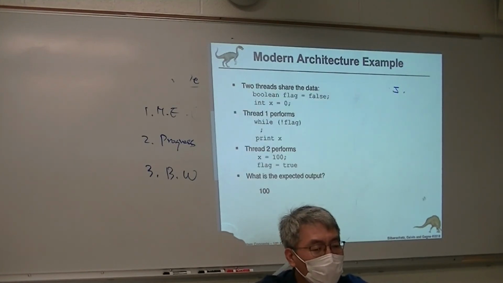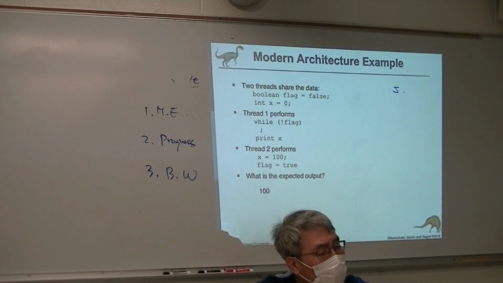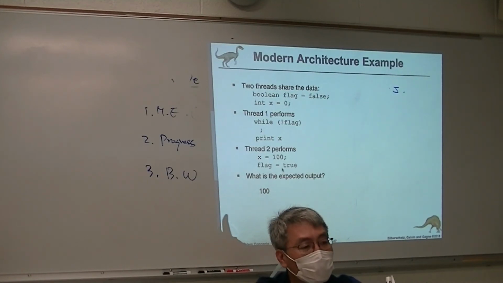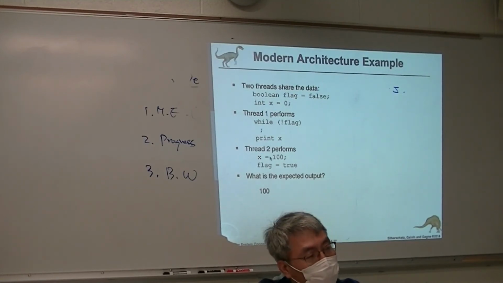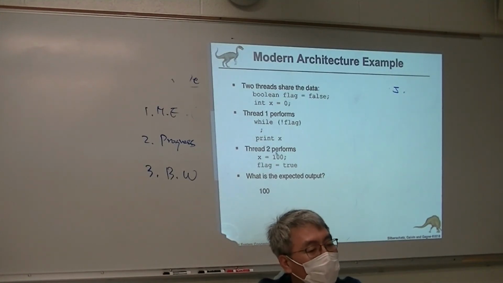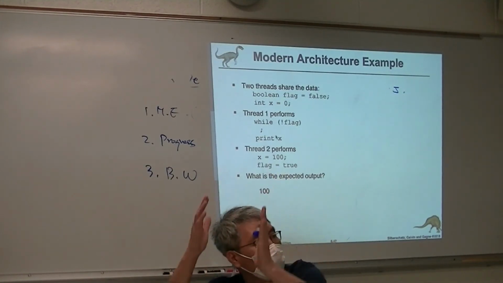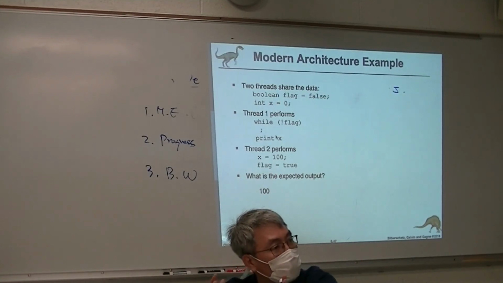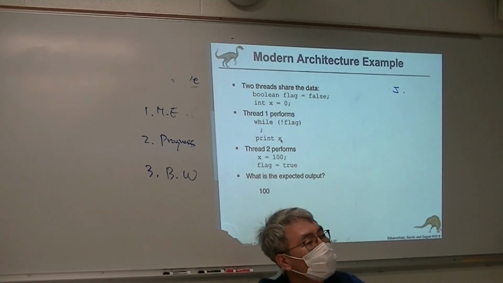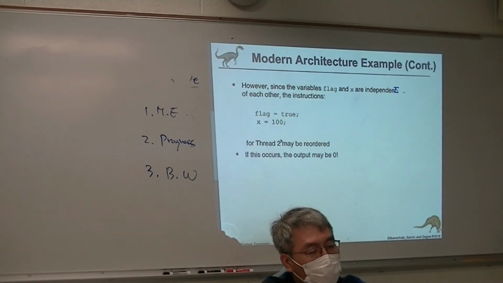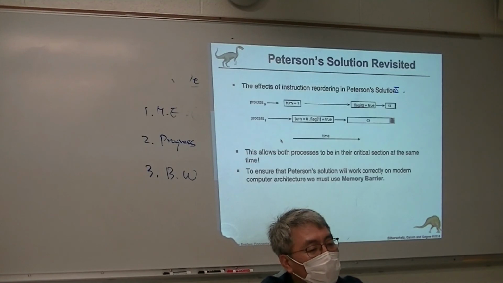Because this is at the instruction level. For instruction level, even the flag true will be executed in advance before we change the variable, because it may take a longer time. Because it happens in another thread, then the write to the shared data may display 0. So we cannot guarantee it.